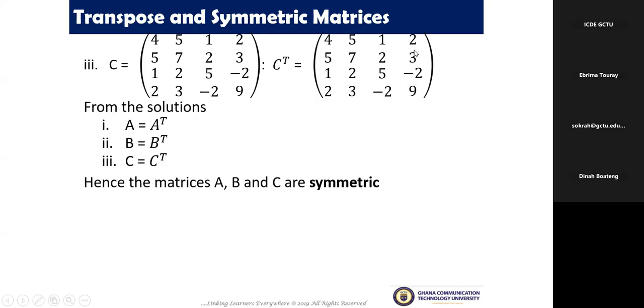Take the last row, it becomes the last column. And you compare, you see that there's no difference. They are the same. And so you say the matrix C is what? Symmetric. So we've seen that all these examples are what? Symmetric matrices. So please take note.